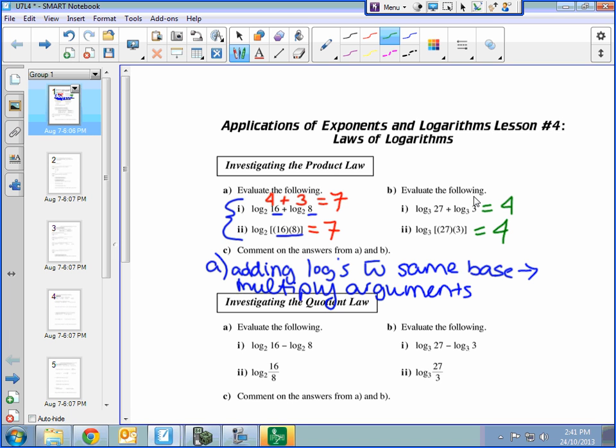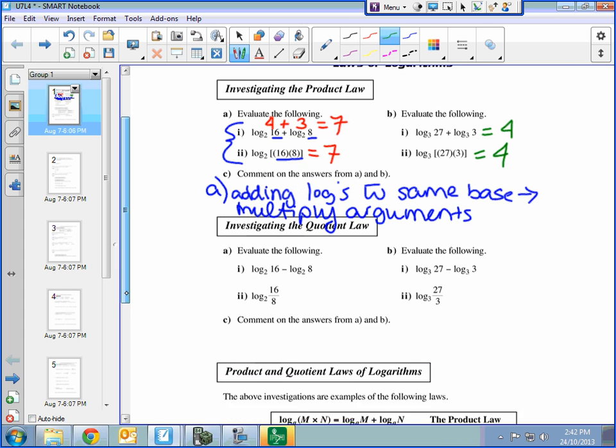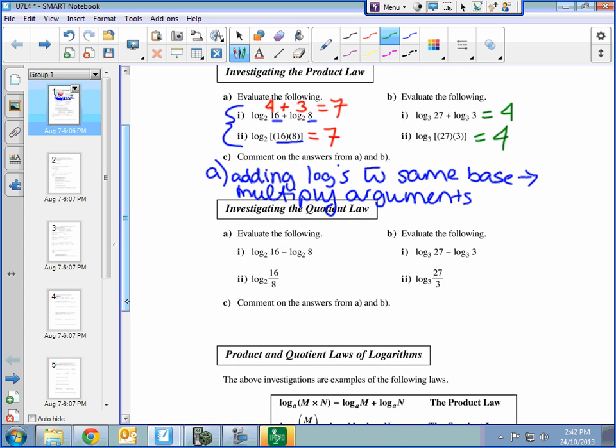So if I'm ever adding two logarithms, they have the same base, I can just put it all into one logarithm, multiplying the argument, sorry. Shay, are you keeping up in your calculator? Is it making sense?